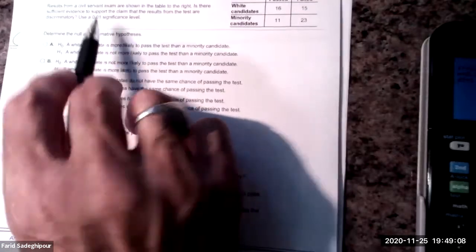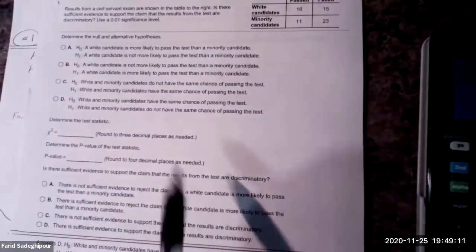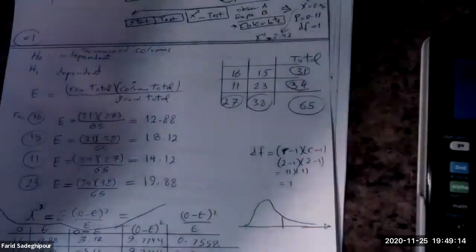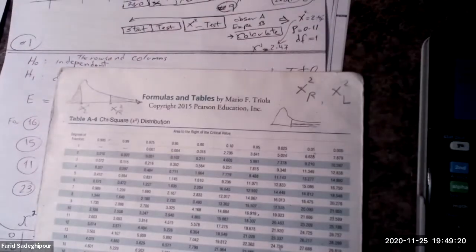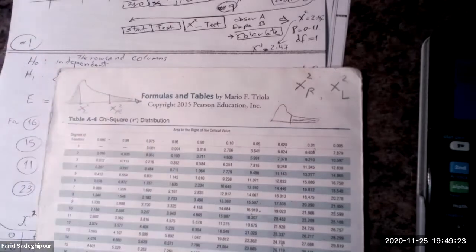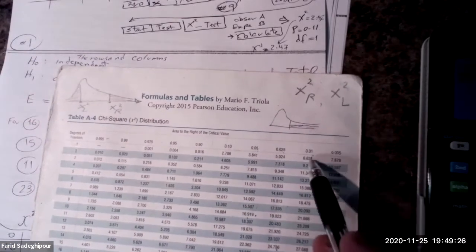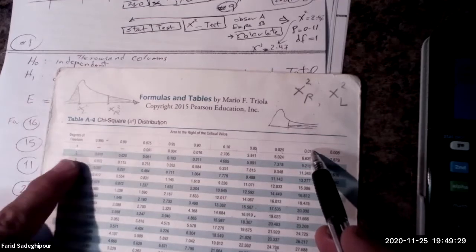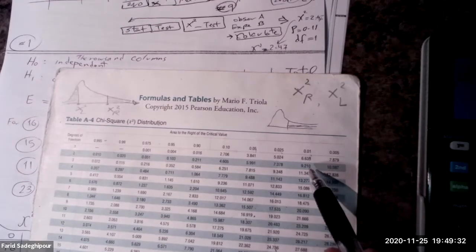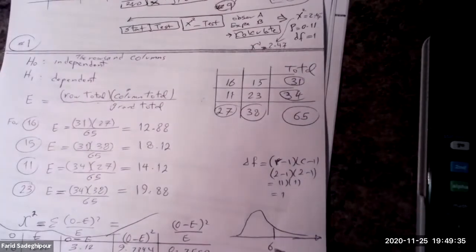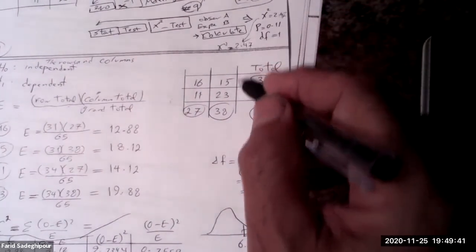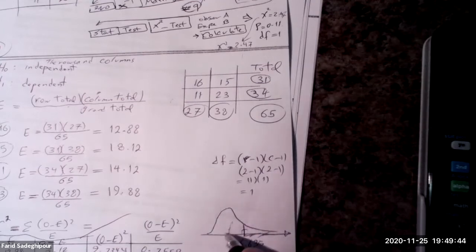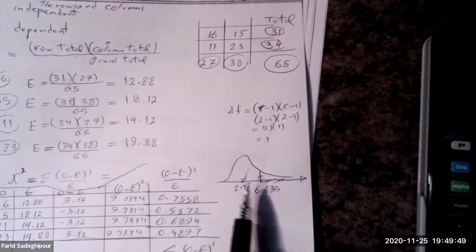Alpha is 0.01. 0.01 is the alpha, so we go to table F4, DF 1, and 0.01 is this number, so it's 6.635. And where does that 2.4 fall? Here, right? 2.4. So in that case, we accept H0, we do not reject H0.